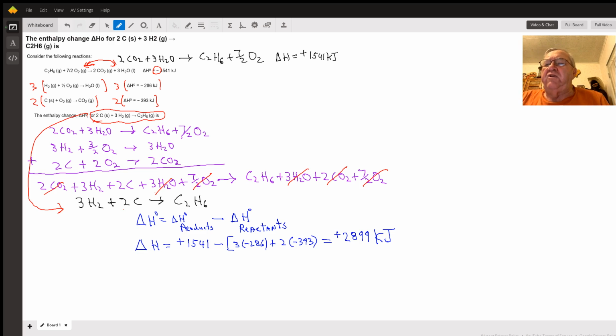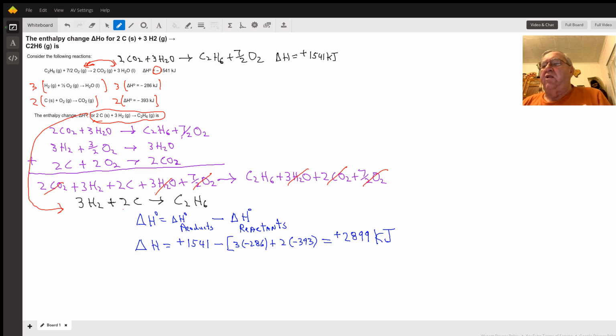So to get a change of enthalpy, you've got to do your products minus your reactants. So I took my product, and it was simply 1,541.